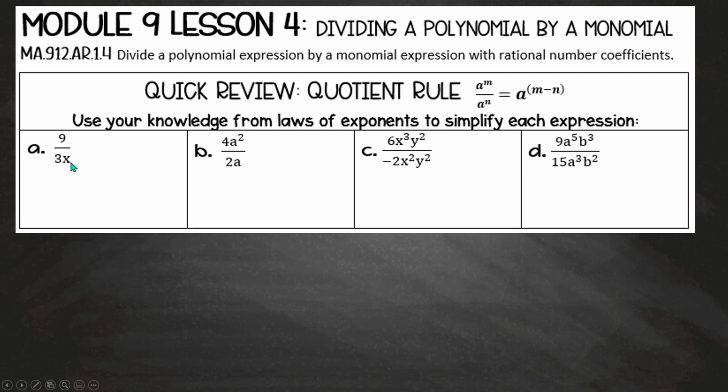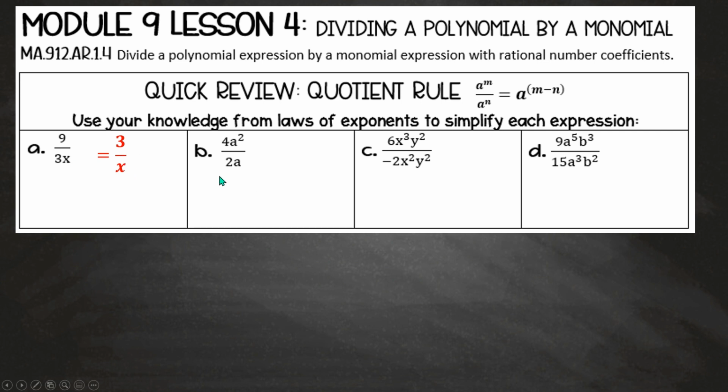So if I have 9 divided by 3x, or 9 over 3x, here we're going to end up with 3 over x, because 9 divided by 3 is 3, and there is nothing to apply that quotient rule to with the x.